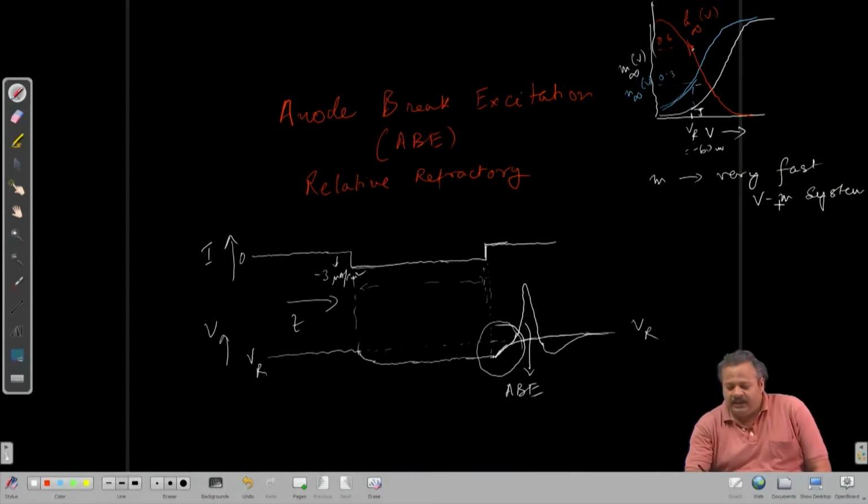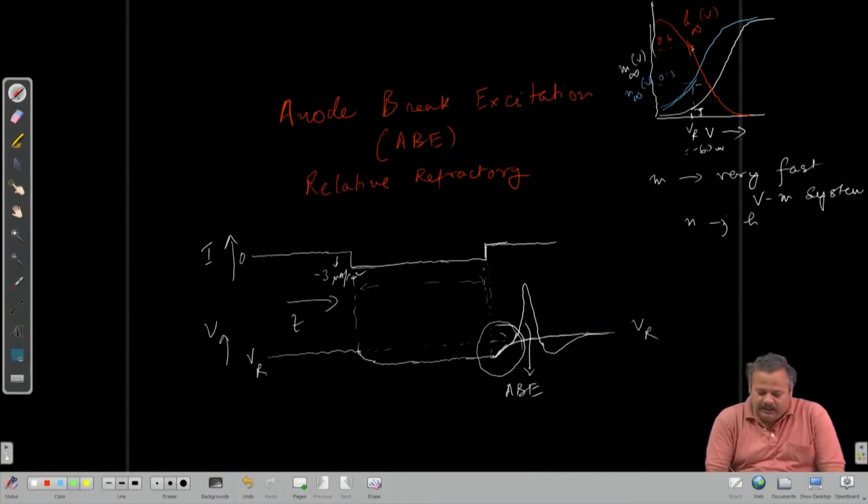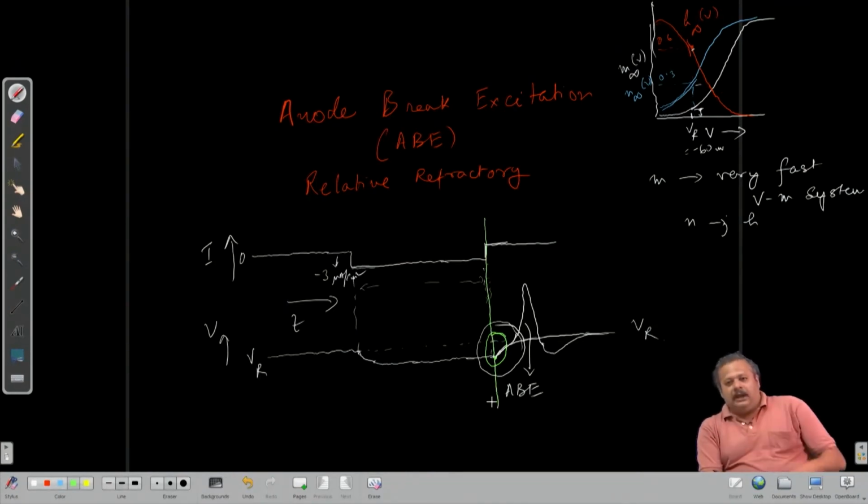So in this case, we again consider n and h to be fixed at the initial value, but now instead of at V rest, we consider the situation when the current clamp is being ended, shown with the green line.